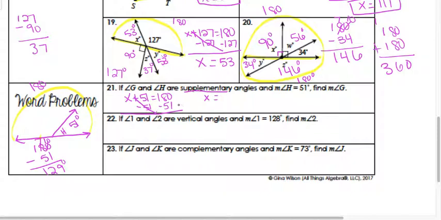X equals, and this is where you put 129. So what you would put is the measurement, and we needed to put that over here, G. Okay, so the measurement of angle G equals 129 degrees. Okay, there you go.